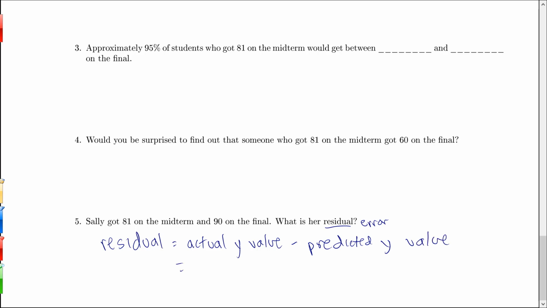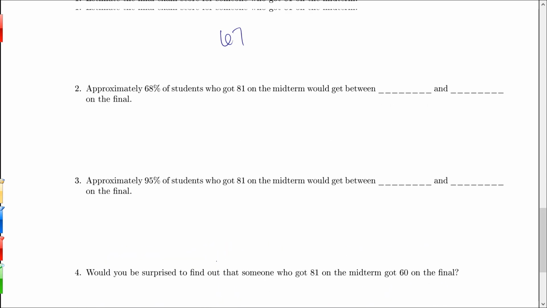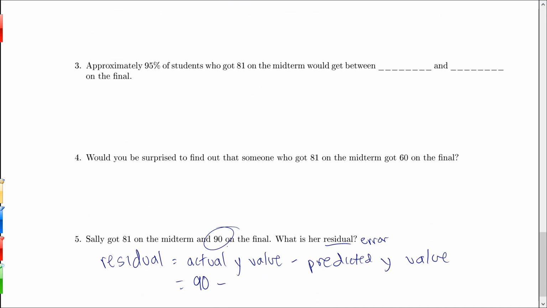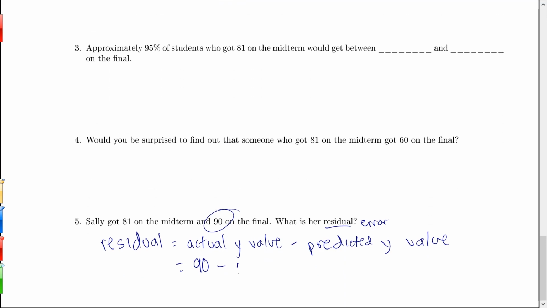Well, Sally's actual Y value, actual final value is this 90. Now for the predicted Y value, you would have to go and predict what someone who got an 81 on the midterm should get on the final. But we already did that in part 1. In part 1, we predicted someone who got an 81, which matches Sally, should get a 67 on the final. So her predicted value from part 1 is that 67.